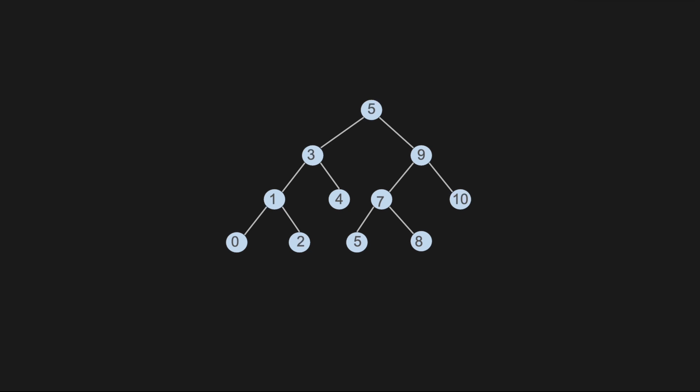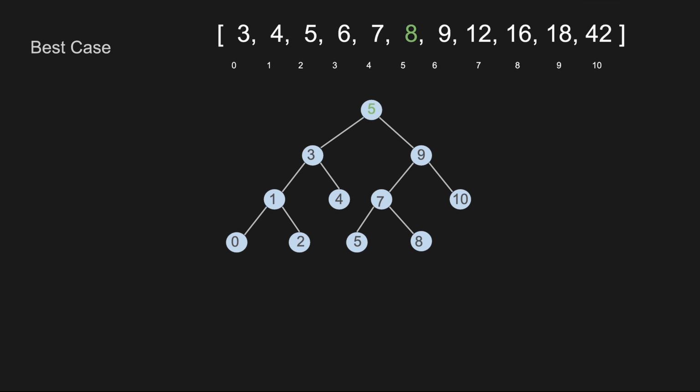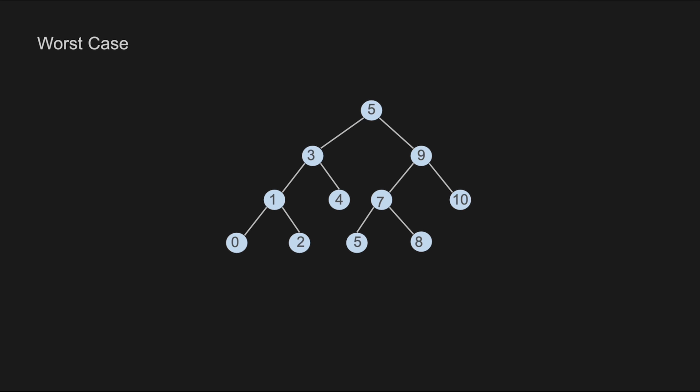Now, what is the time complexity for this algorithm? The same with the best case, that will be if our target element is the root element of the tree. So the best case time will be O(1). The worst case would be if we are searching for a leaf element or if the element doesn't exist. And this depends on the height of the tree or the size of our list.